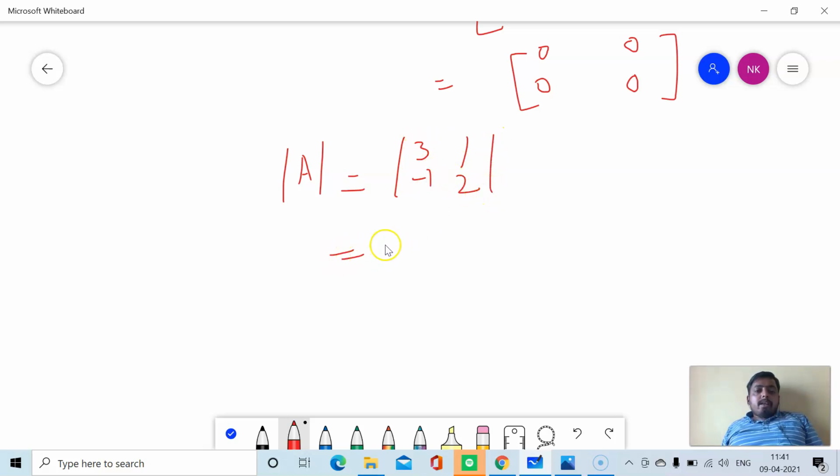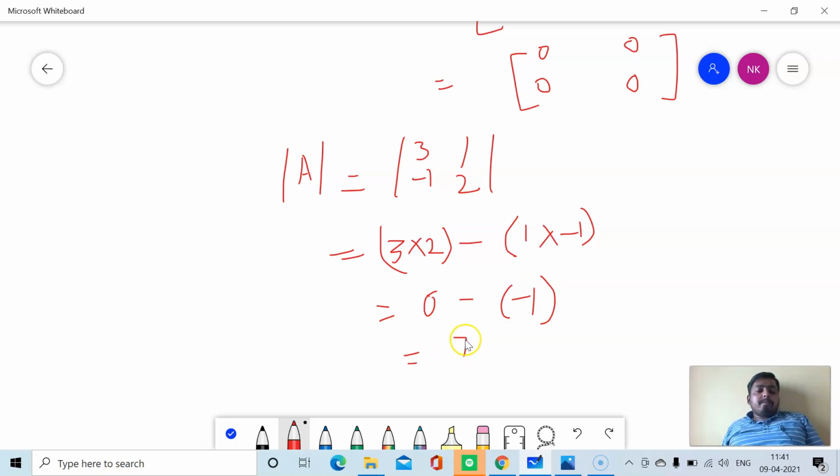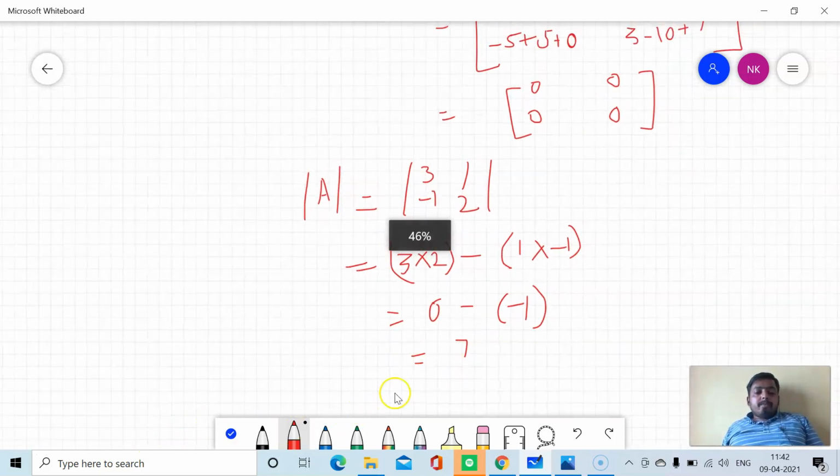You have to multiply diagonally: 3 into 2 minus minus 1 into 1. 3 into 2 is 6, minus of minus 1 into 1, that is 6 plus 1, which is 7.